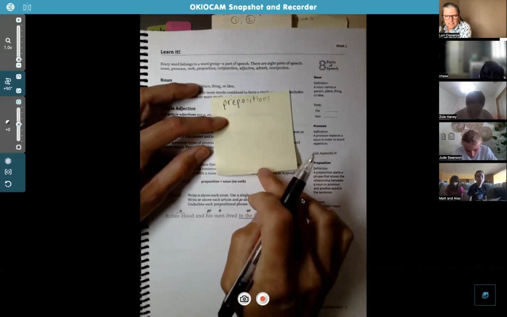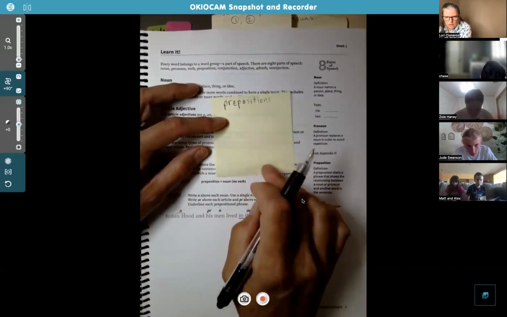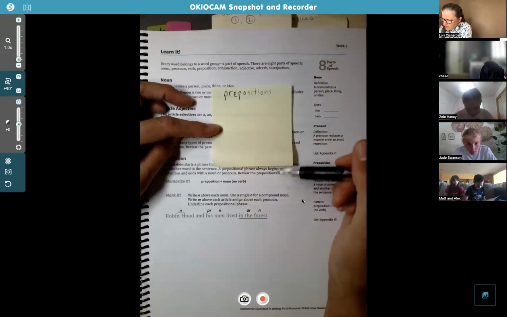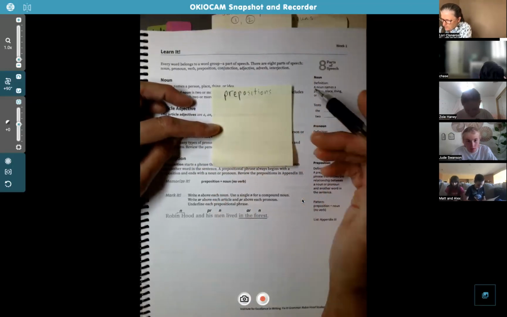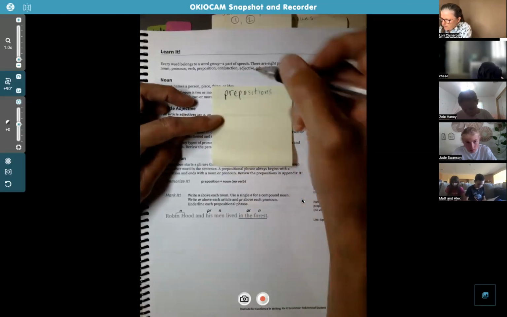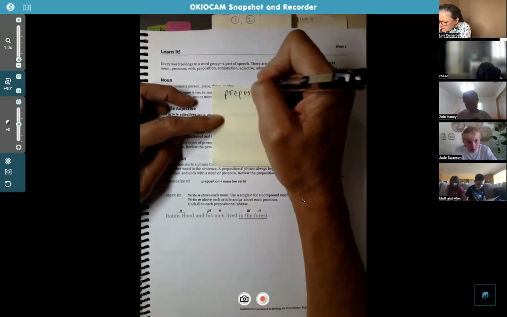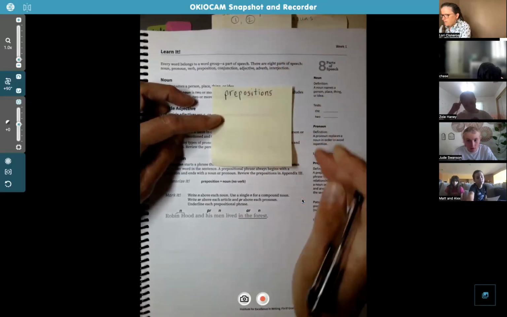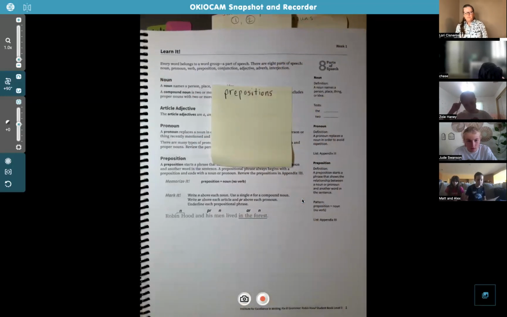So this is the sticky side facing up. I took off one Post-it and the sticky is at the bottom, face up. And then at the top of that side, does that make sense to you? Yes, good. You're welcome. Good question. And I'll show you why we're doing it this way.